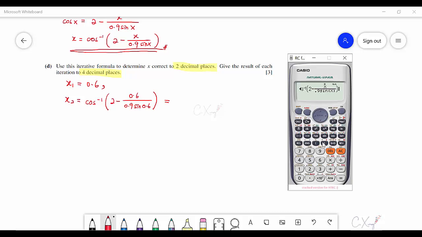So again, before you try to find the answer, double check whether your formula is correct or not. Once it is correct, you can start calculating.